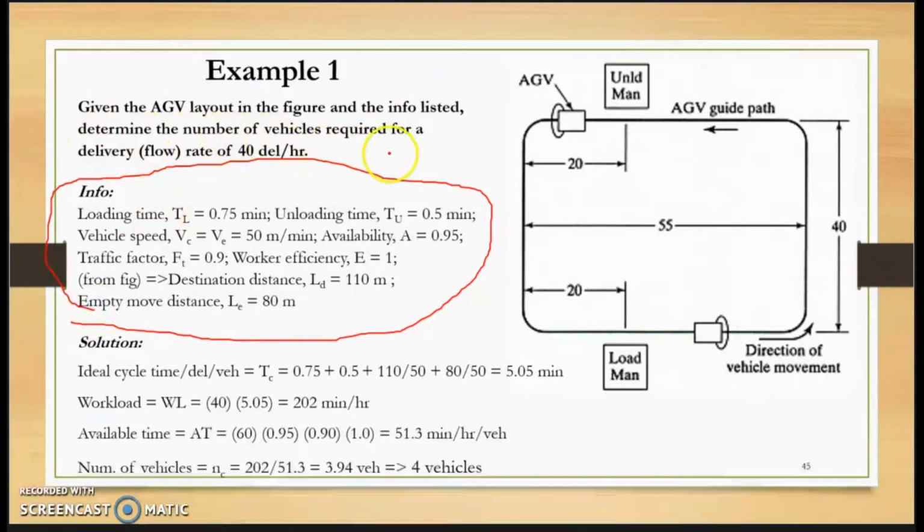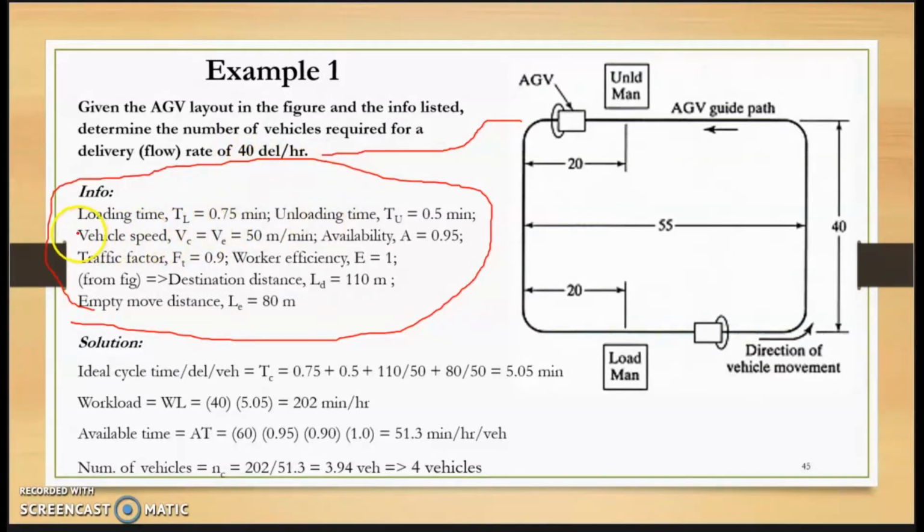Determine the number of vehicles required for a delivery rate of 40 deliveries per hour. So this question wants us to determine how many AGVs can satisfy this requirement of 40 deliveries per hour.